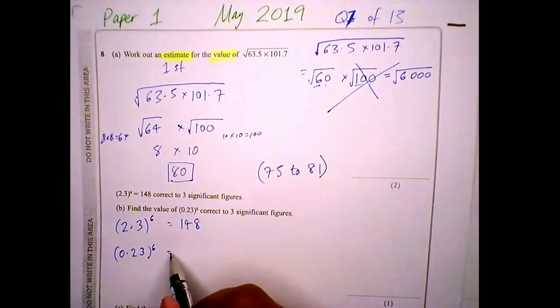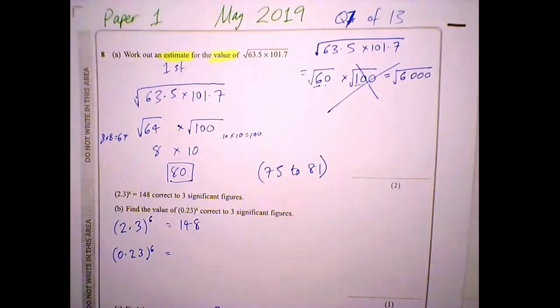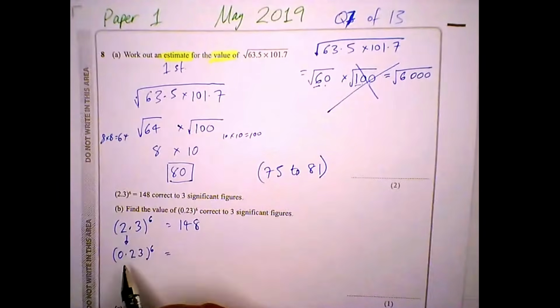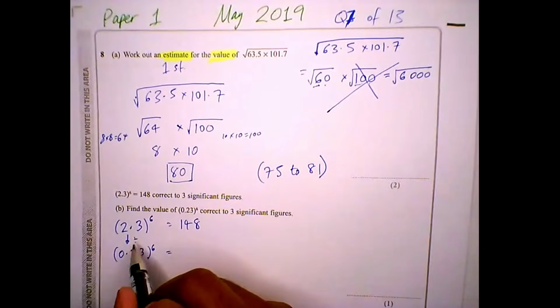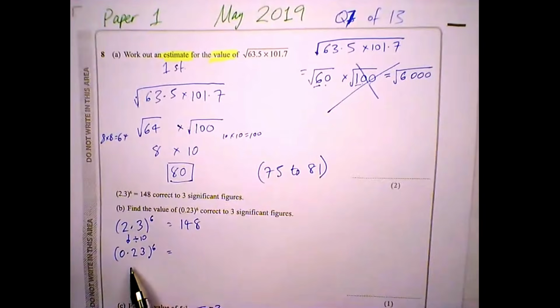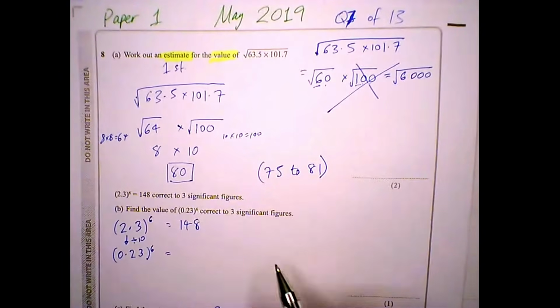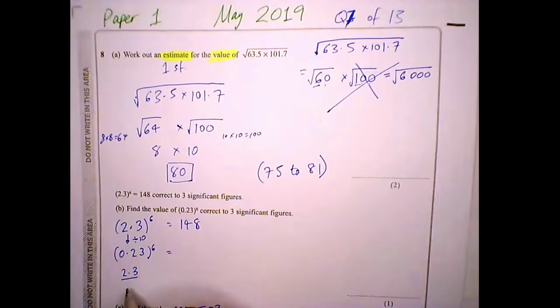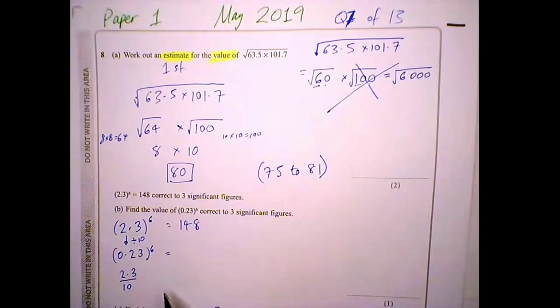What is that going to be? Now, I am looking for patterns. If I spot a pattern here, this is 2.3 divided by 10, which gives me 0.23. So what I can do is think of this as 2.3 divided by 10. And I've got a power of 6 here.